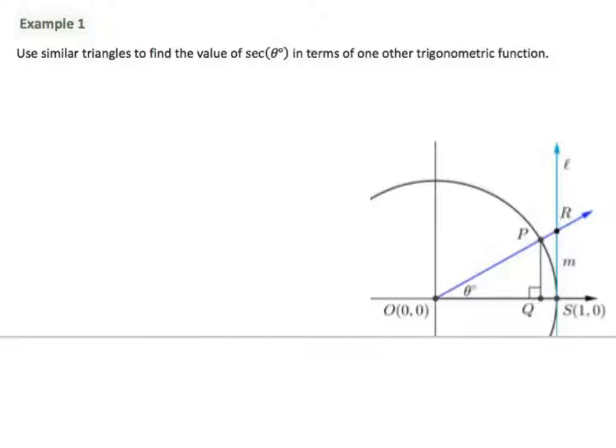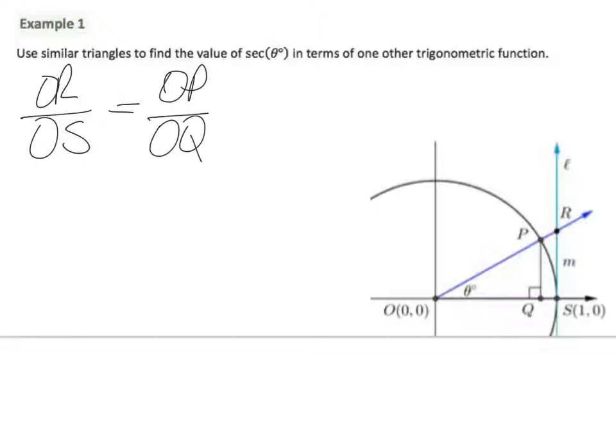Okay, so if we look at similar triangles, I can say that OR, which is a side of the larger triangle, over OS, I'm sticking with one triangle, is equal to OP over OQ. Let's highlight that. So I did OR, big triangle, over OS, big triangle, is equal to OP over OQ.